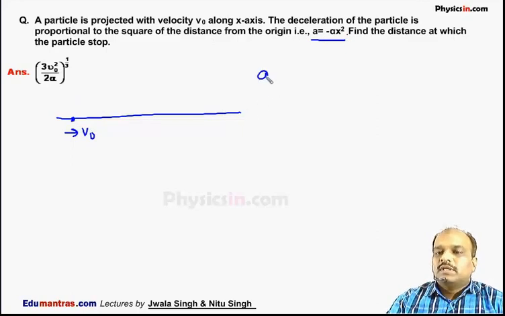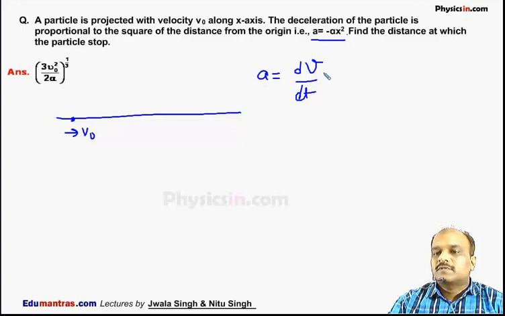Now we know a is equal to dv by dt, the rate of change of velocity. Here the motion is in one dimension, so it is also equal to minus alpha times x squared. It is given.